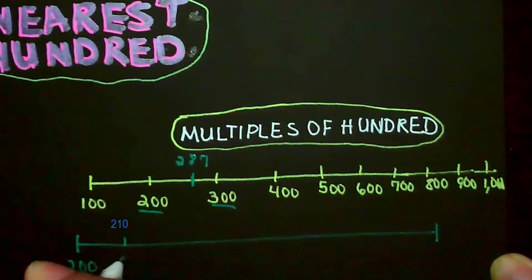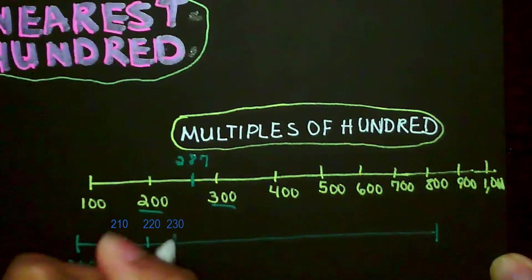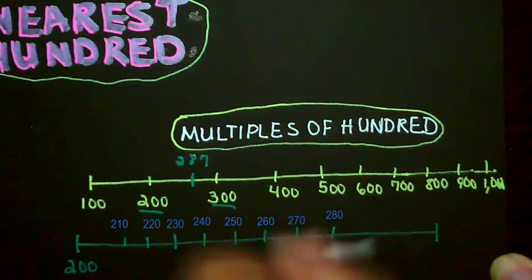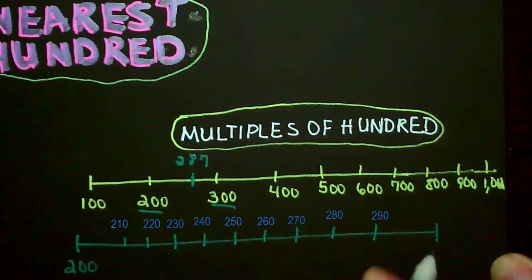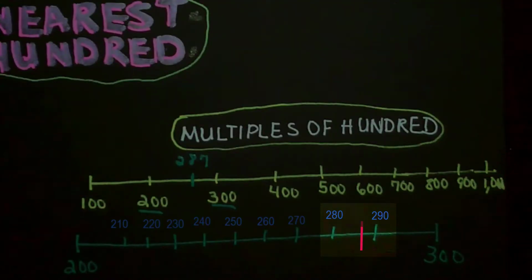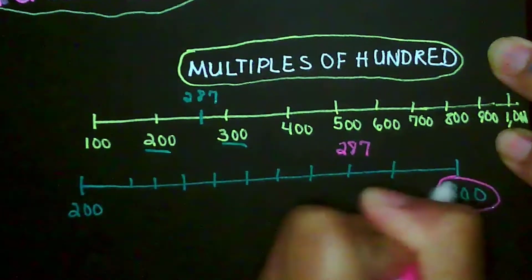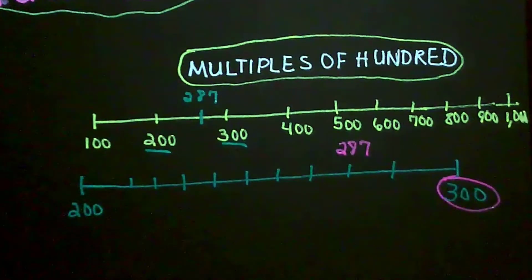So that's 210, 220, 230, 240, 250, 260, 270, 280, 290, 300. And 287 is right about here. 287 is closer to 300, so 287 rounded to the nearest 100 is 300.